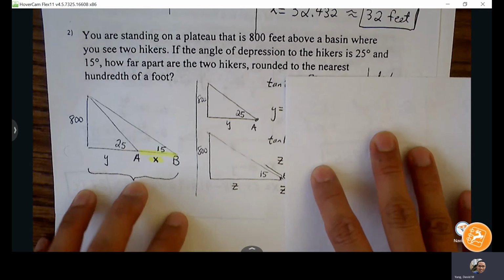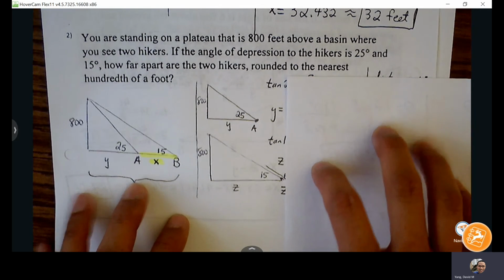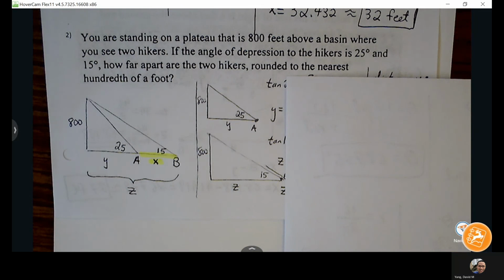What I think is helpful is if you draw 2 separate triangles. That way, you're able to find each of the bases separately. Because just like the previous problems that we've done, we're just finding the 2 bases and we're subtracting them. If we subtract them, we can find that difference, and that will tell us the distance between A and B. So here's my large triangle.